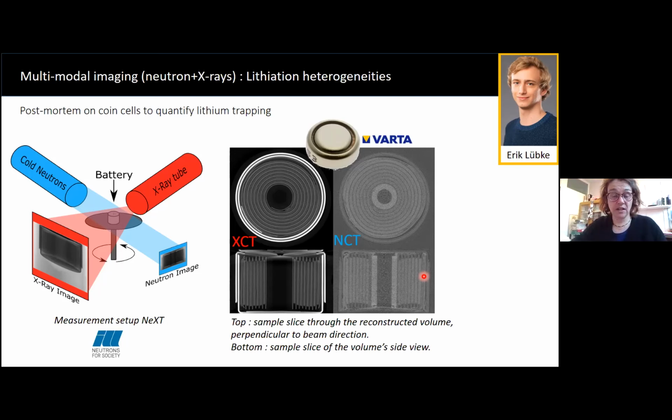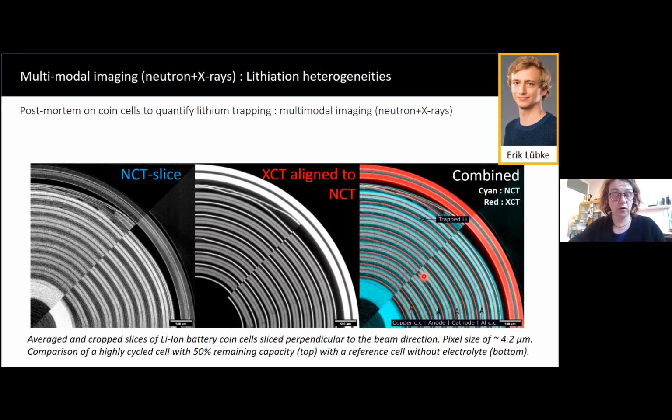So basically what Eric is doing in this work is, first of all, aligning the slices coming from the neutron computed tomography to the data coming from the X-ray computed tomography, and producing this nice colored image where you have signal coming from the X-rays in red.